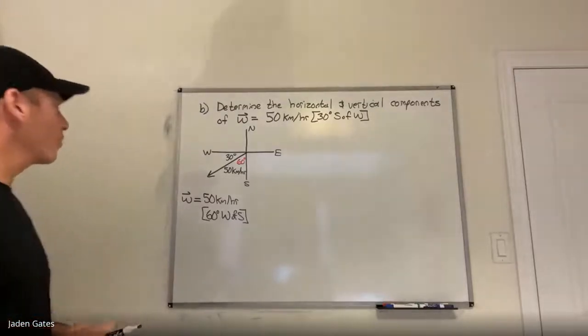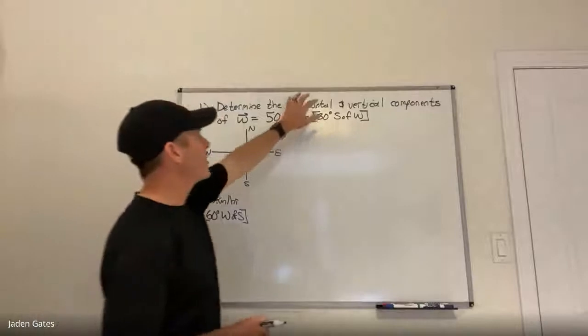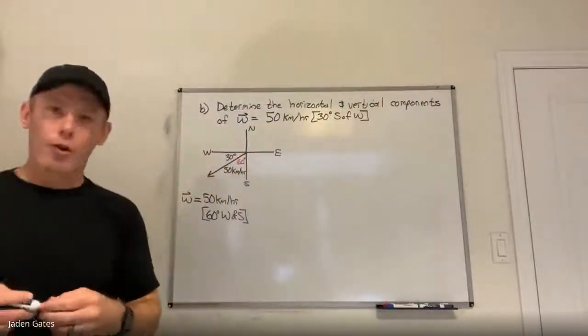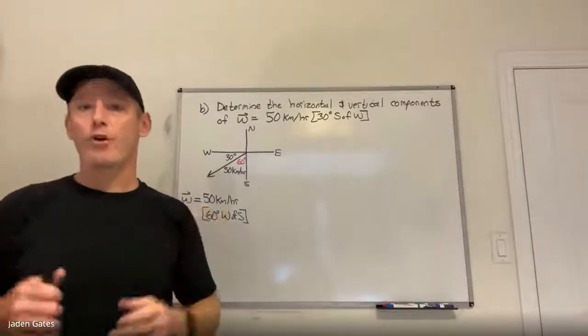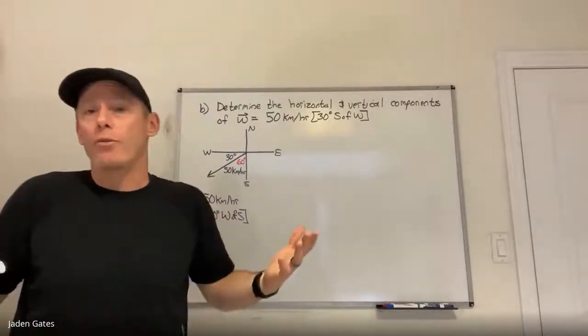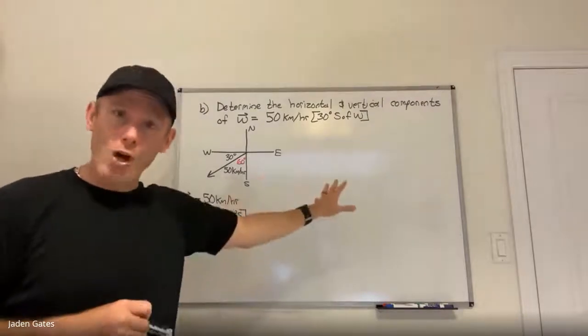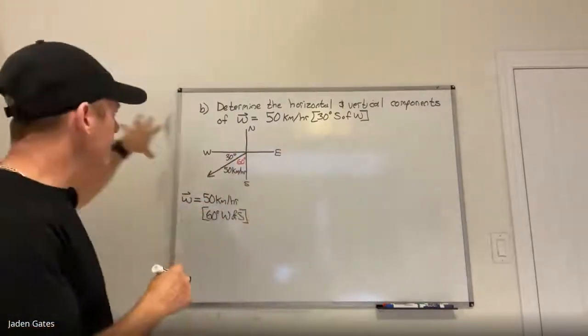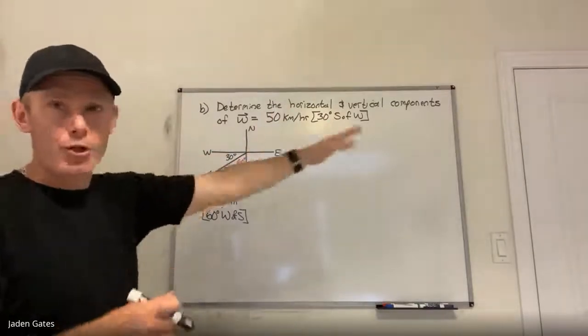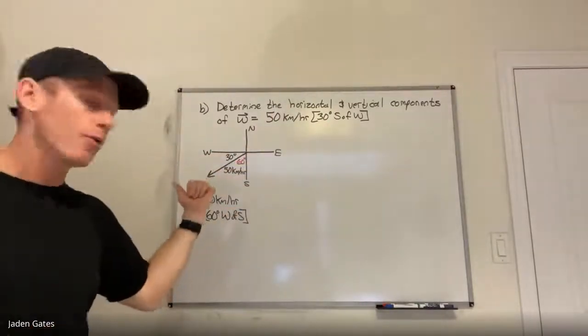Now, here's what we're looking at when I'm talking about the horizontal and vertical components. With the vertical components, we're looking at how much the vector goes up and how much it goes down. With horizontal components, we're looking at how much left the vector might go or how much right. In this case, it's going left and down, right?